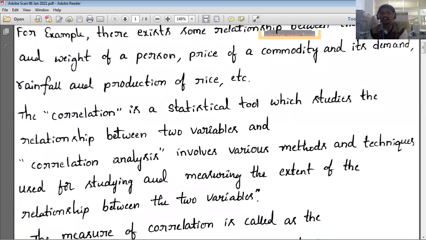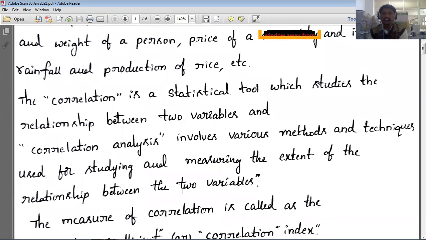Correlation analysis involves various methods and techniques used for studying and measuring the extent of the relation between the two variables. Correlation means just the relation between the variables, and correlation analysis is analyzing that relationship by using various methods, techniques or tools.